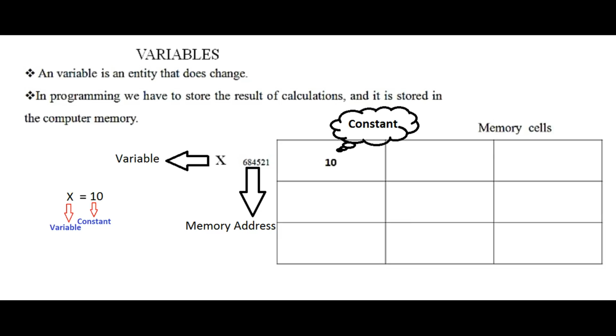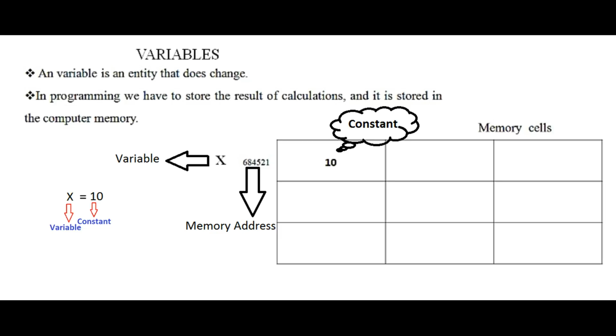Computer memory is made up of billions of memory cells, and every memory cell has its own memory address. We store the value of a constant in these memory cells. A name provided to the memory address is called a variable.